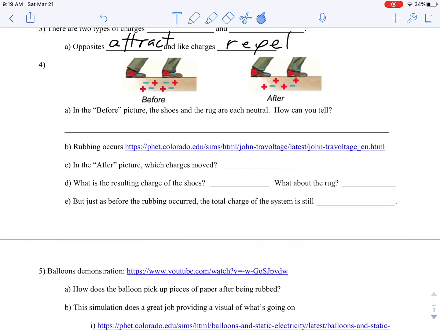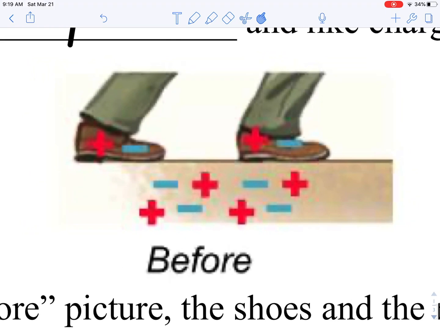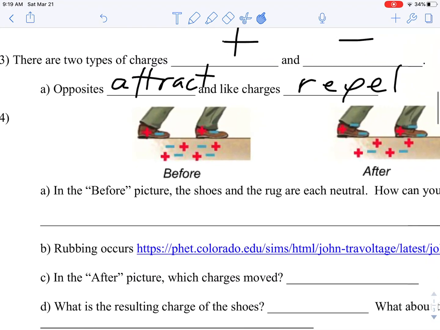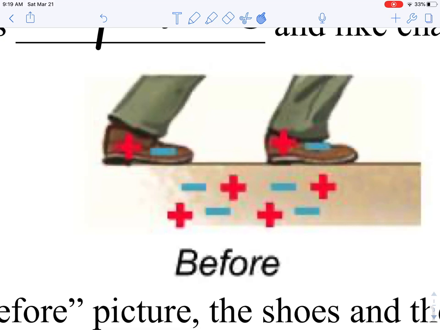All right, so I just want to look at this picture right here. So we have a before and an after picture. We're going to focus on the before picture. We have someone's shoes on a rug. The question asks us, the shoes and the rug are each neutral. How can you tell? Well, we can tell by looking here and saying, okay, positive and a negative, that's neutral.